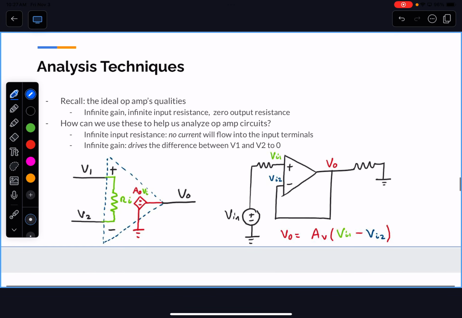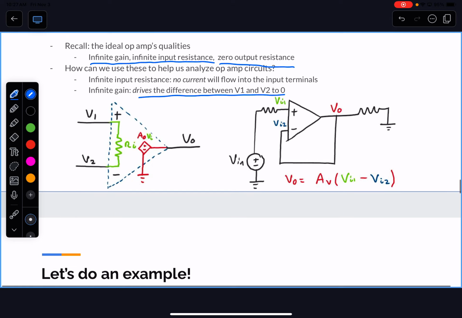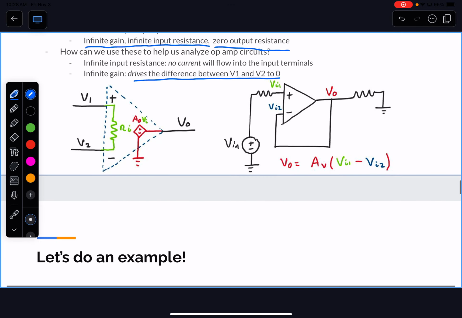So how do you analyze such an op amp? Like I said, we make use of the infinite gain, infinite input resistance, and zero output resistance characteristics, and the feedback drives the difference between V1 and V2 to 0, so you can settle down into a finite state. Okay, in this case, this is actually called a unit gain buffer.